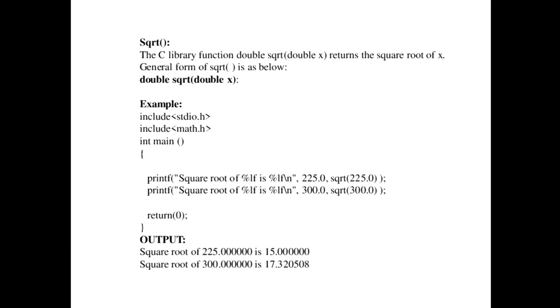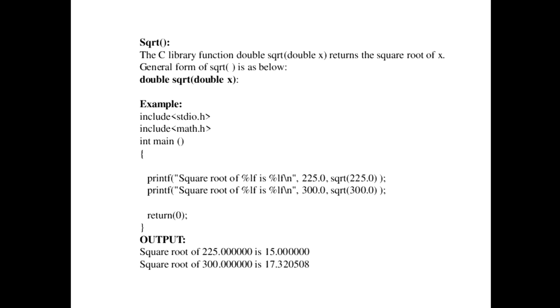With this example, you will get a clear idea about how to use the sqrt function. Here I want to calculate the square root of 225.0 and 300.0, and I use the sqrt function in the printf statement.